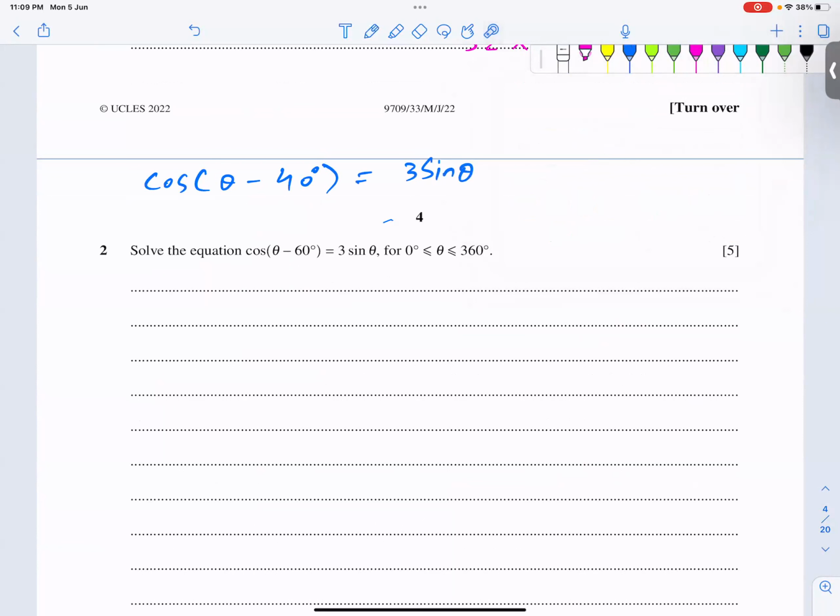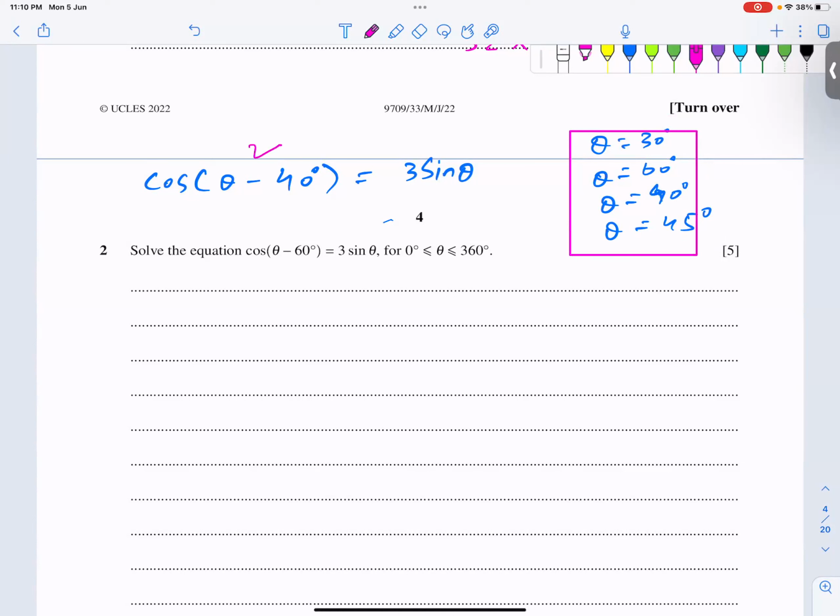We have studied that in many cases, when this angle is not 30, 60, 90, or 45, then you will open it in this formula. Other than these angles, I would recommend you please do not open the formula.